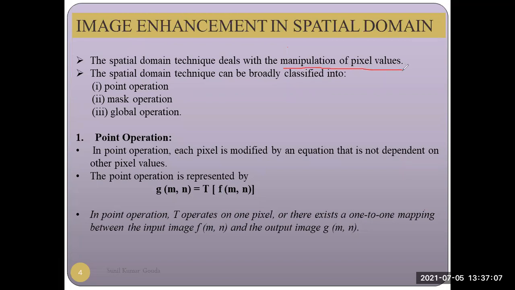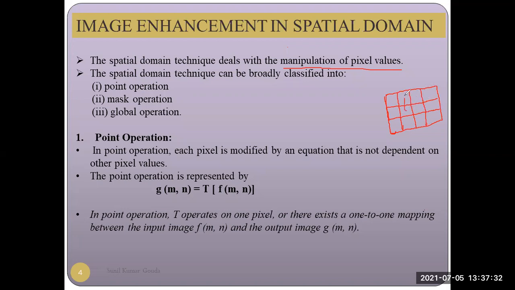So if I'm saying image enhancement, now suppose this is my image. As we know, in a digital computer, images are represented by pixels. Now you can say this is my actual image representation.